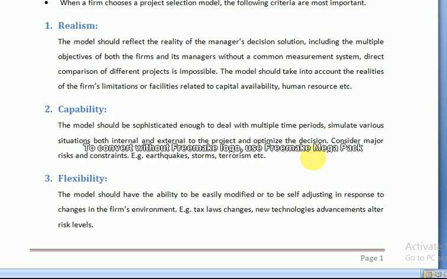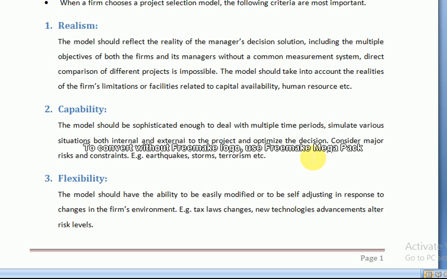So in that situation, what will we do? Look, the project managers will create a model for doing the project. So the flexibility point will exist.